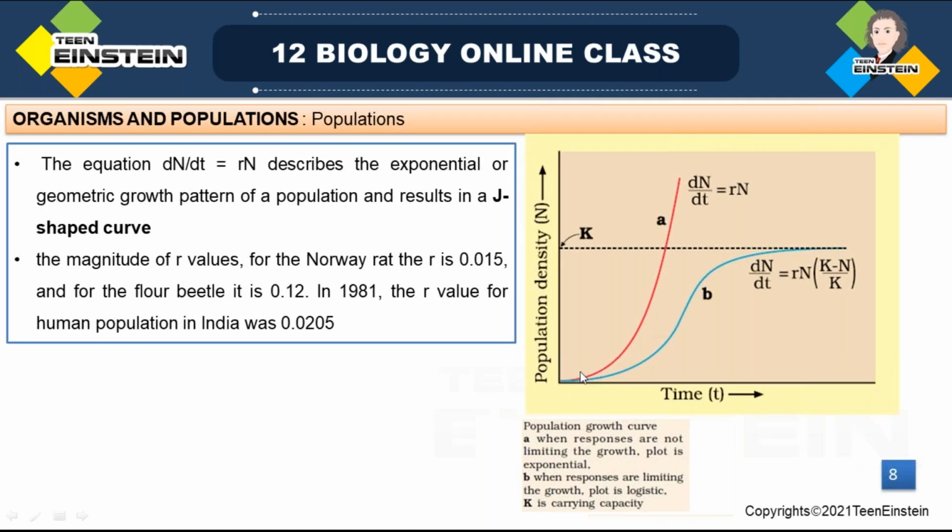Okay, this curve is in a J shape, showing geometric growth. So dN by dt is equal to rN describes geometric growth, resulting in a J-shaped curve. In a particular time period, it shows maximum population density because all resources are available.